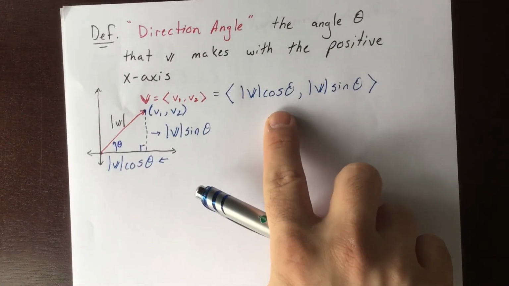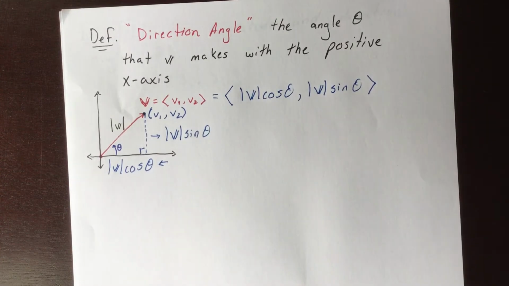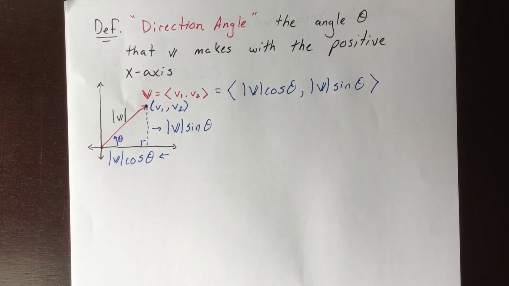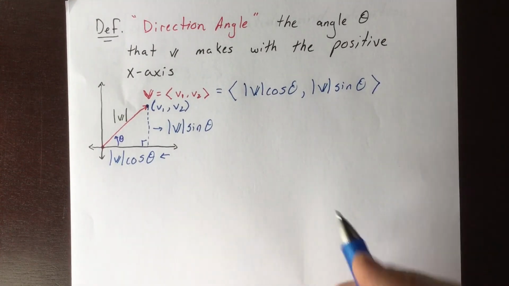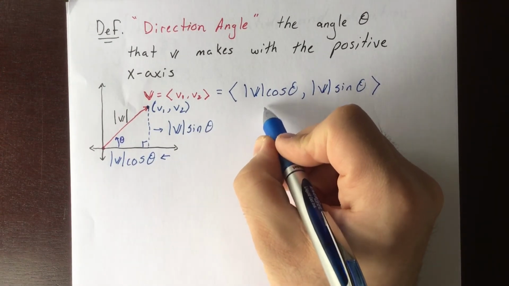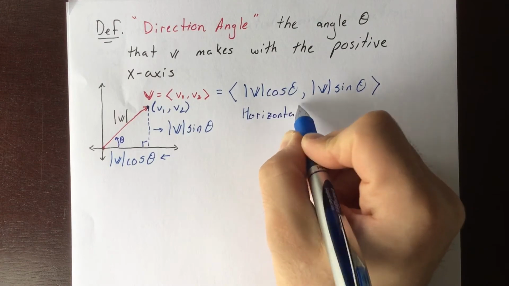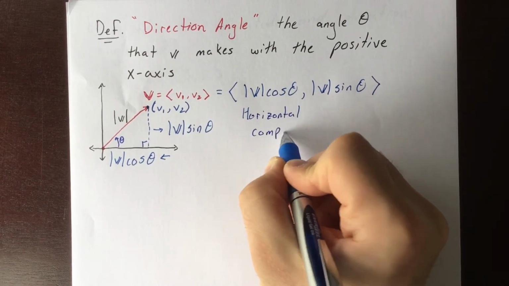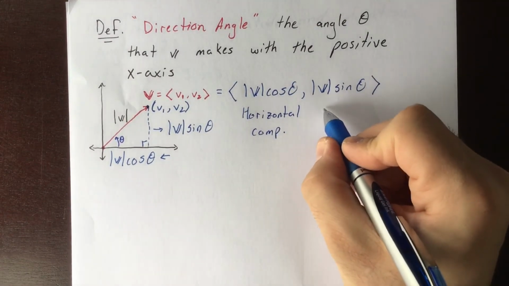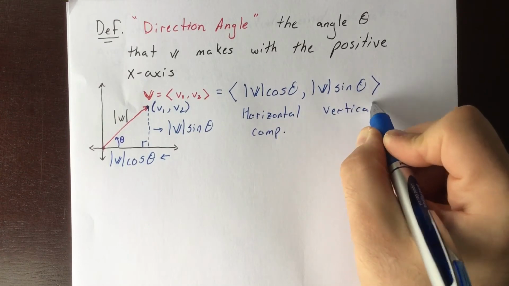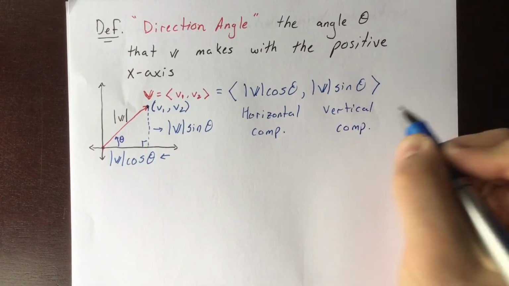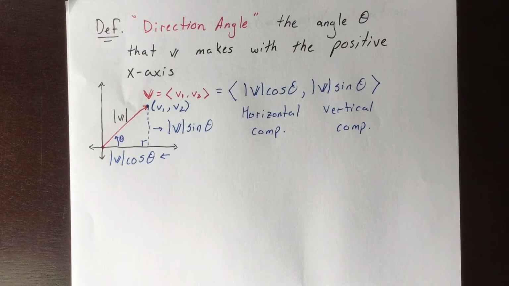And really, you're only going to see this when we know, or we're looking for, the direction angle, okay? So understand that this first piece is our horizontal component, hence cosine, and we have our vertical component, hence sine, okay?